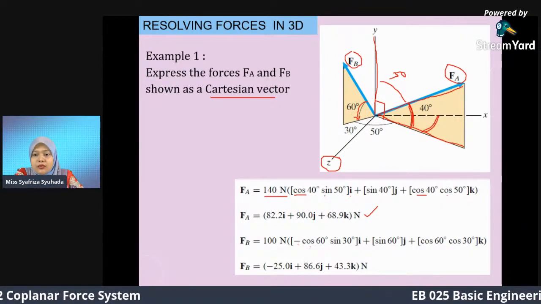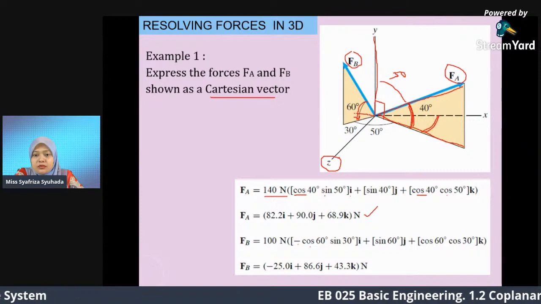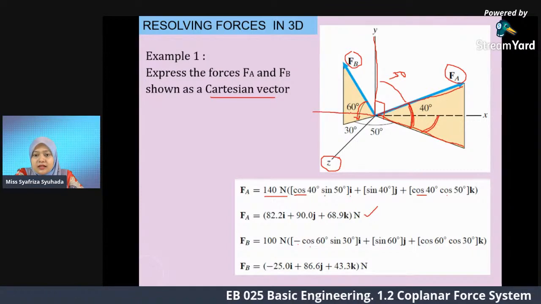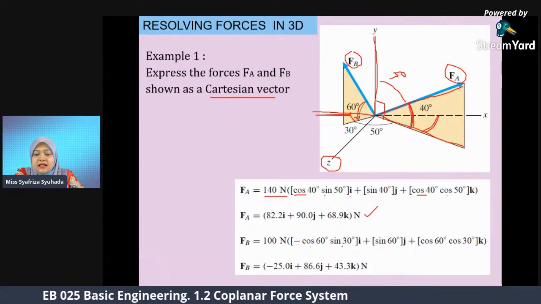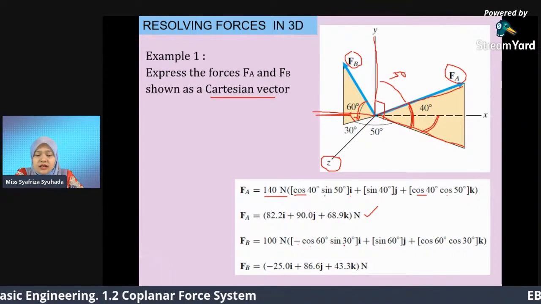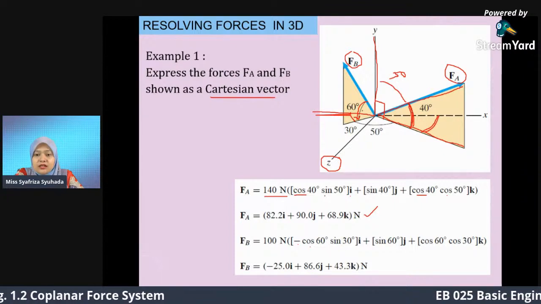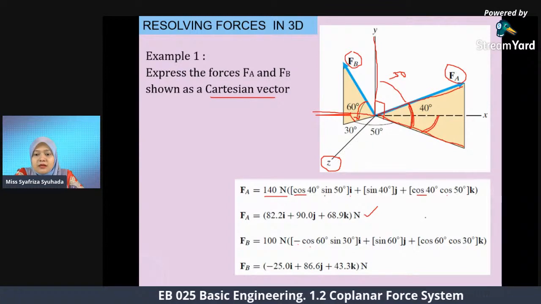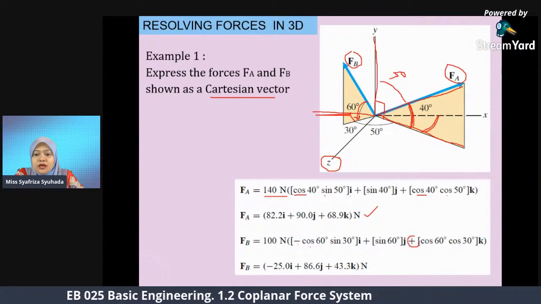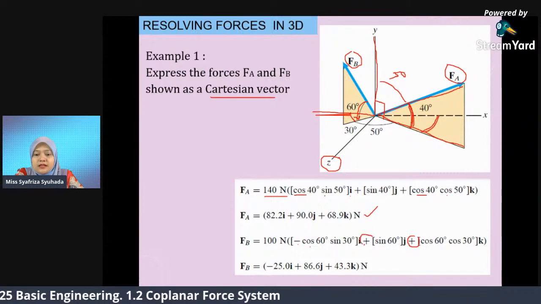Negatif. Dan untuk ke paksi X, di belakang ni, okay, kita boleh pakai cos 60 darjah ataupun sin 30 darjah sebab sudut bertentangan. Okay, I. Kemudian plus, kenapa plus? Sebab semua mesti plus. Di luar kurungan semua mesti plus.